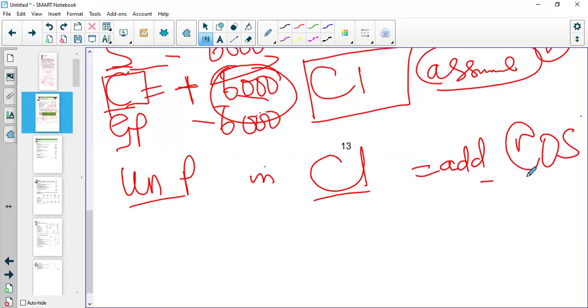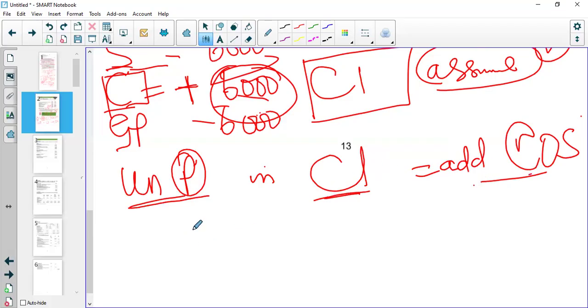We add to cost of sales to eliminate the profit because it's not yet sold. The inventory is there sitting in the warehouse. So where is the profit coming from? We haven't sold. So we have to say this is unrealized profit in closing inventory. When we prepare the entire income statement, we need to add that to cost of sales.